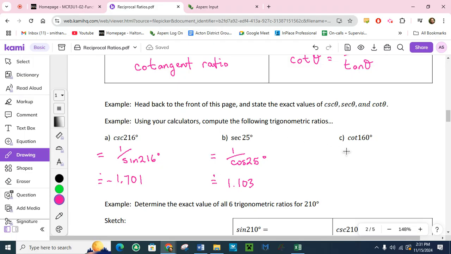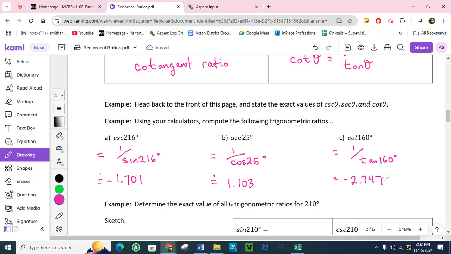All right, I'll come along for the ride now. So this would be the flip of the tan of 160 degrees, whatever that is, 1 divided by the tan of 160. Did you guys get negative 2.747? About? Okay, very good.